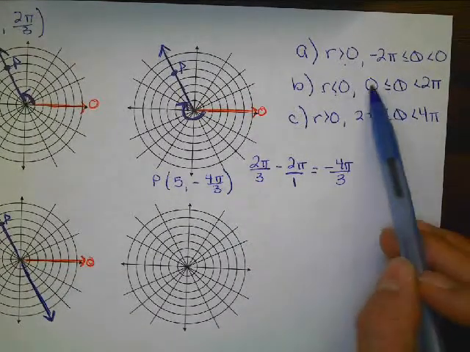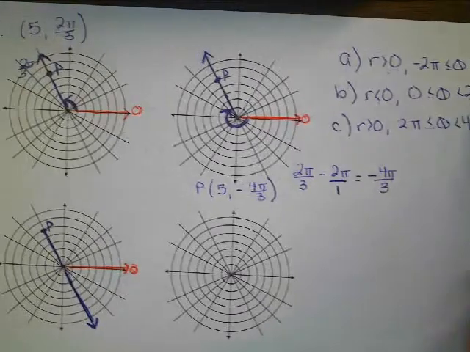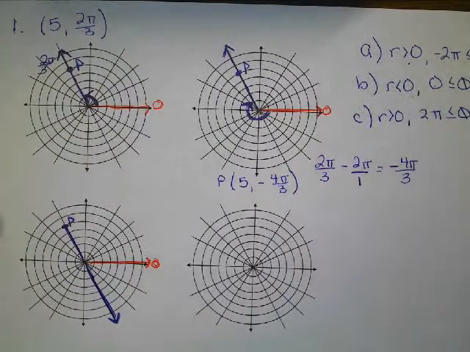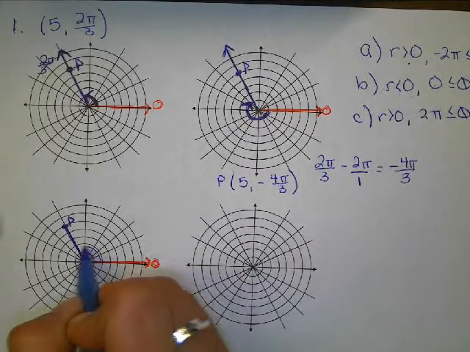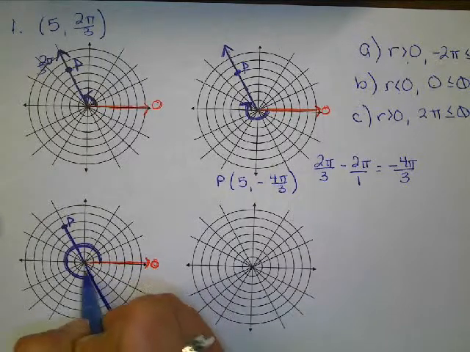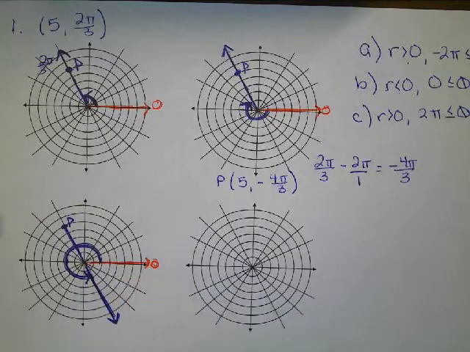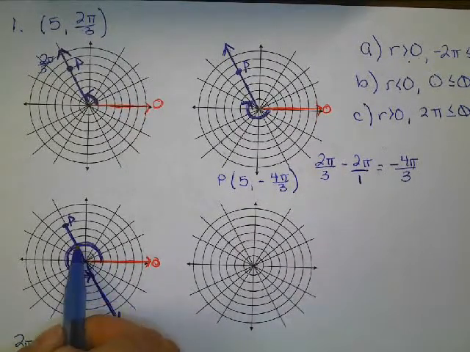Now that angle has to be between 0 and 2 pi, so I want a positive angle. To get a positive angle between 0 and 2 pi, I need to go counterclockwise. So starting here, I'm going to go around this way, so all the way around the circle here. That is going to be 2 pi over 3, because 2 pi over 3 gets me to here.